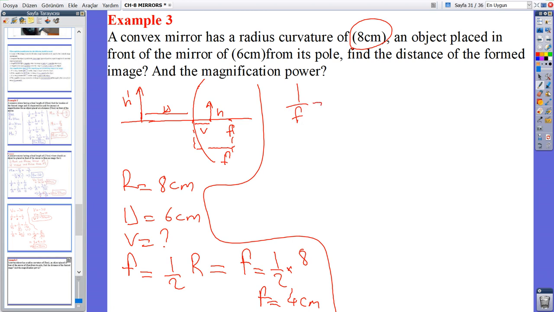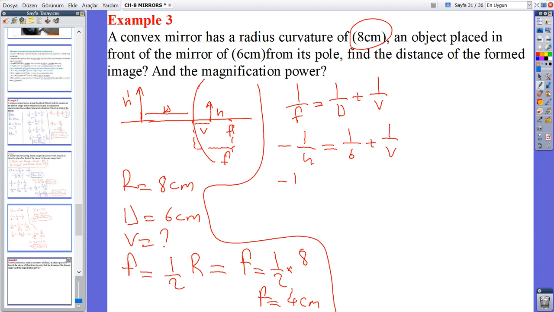Now I will use our equation: 1 over f equals 1 over u plus 1 over v. But the focal length is on the other side of the mirror, so we use negative. Negative 1 over 4 equals 1 over 6 plus 1 over v.